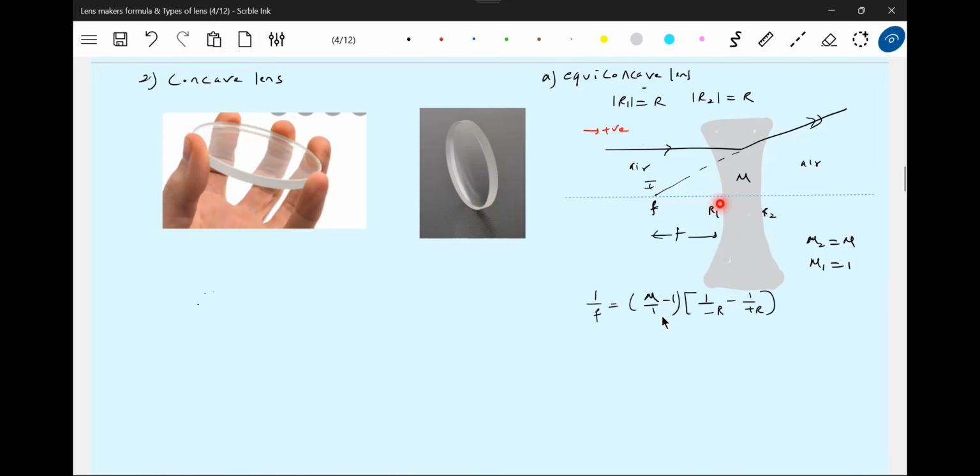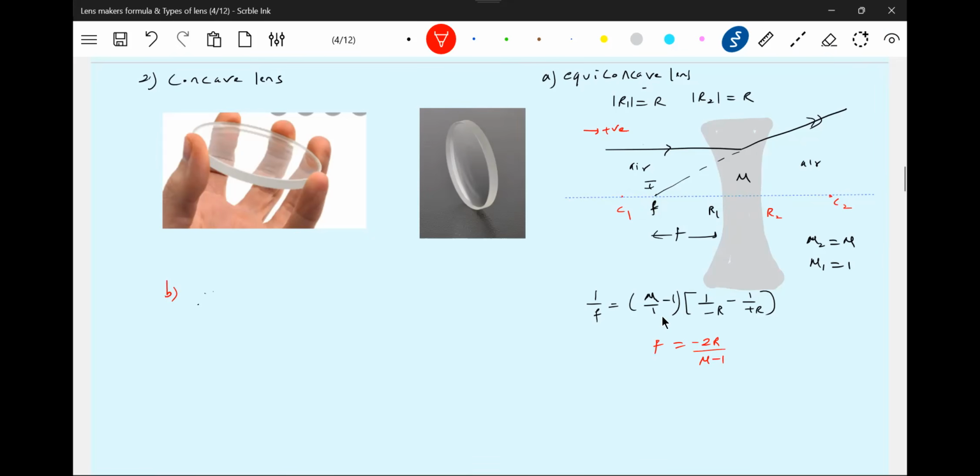So you measure R1 opposite the incident ray, therefore negative, whereas R2 is in the direction of incident ray. So the center of curvature will be here. Therefore f equal to minus R by 2 into mu minus 1. This is an equiconcave lens.